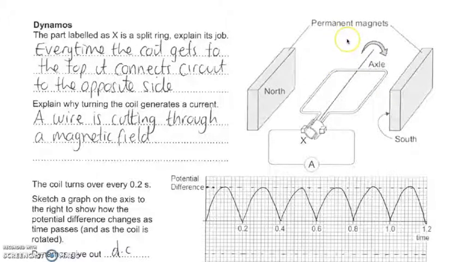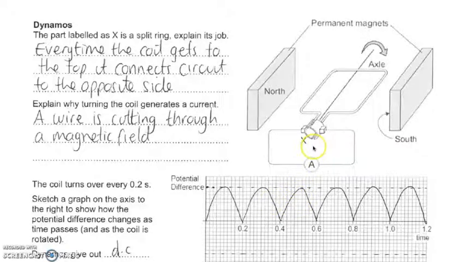the top of the wire here is then going to continue to cut the magnetic field lines, and it cuts more, remember, when it's at this position here, which explains why we have these peaks, and as it goes down again, the amount of magnetic field lines it cuts reduces, which explains the smaller amount of potential difference or voltage down here.